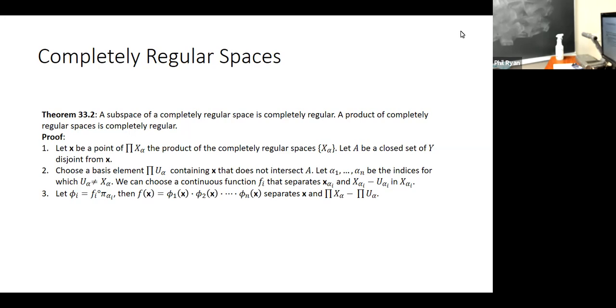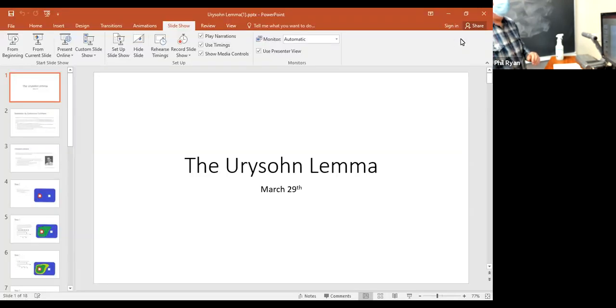So that works. And it's the fact that we're only multiplying finitely many of them together that makes this work. Of course, if it were infinitely many, who knows what the product would be. I think that's it for the day. Okay.